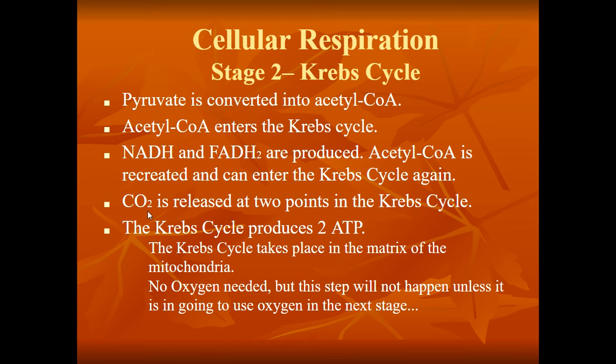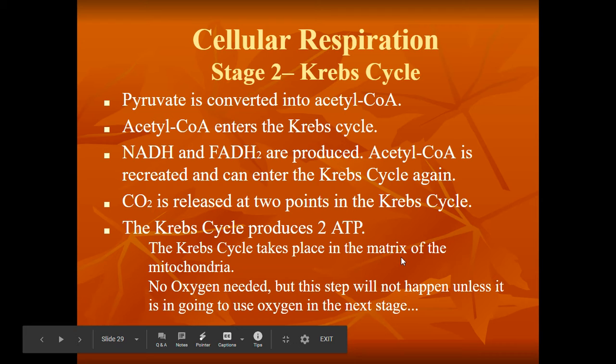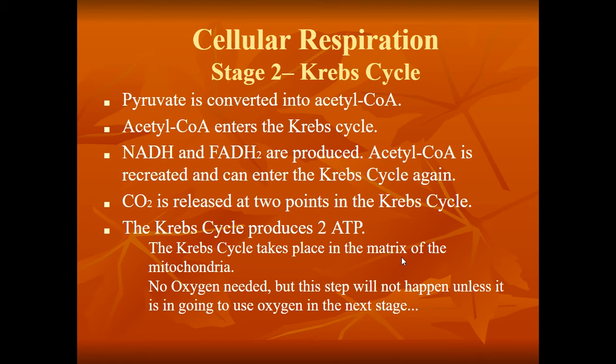CO2 is released at 2 points in the Krebs cycle, and overall the Krebs cycle makes 2 ATP. It takes place in the matrix of the mitochondria. The matrix is the inner zigzag portion of the mitochondria, and I can maybe show that to you later.